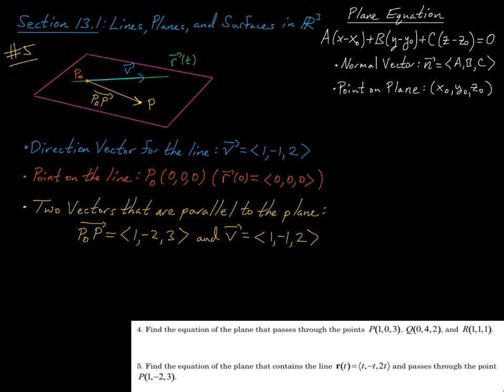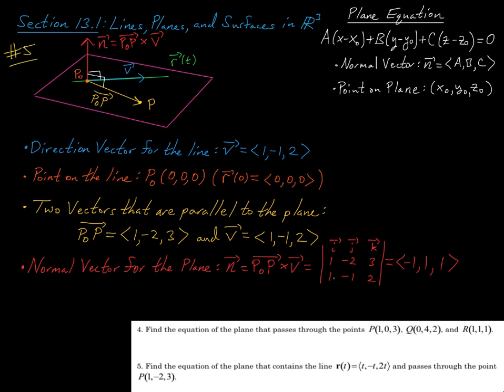Since P0 and P both lie in this plane, the vector P0P will be parallel to this plane. And now I have 2 vectors that are parallel to our plane. So just like in question 4, I'm now going to go ahead and take their cross product, and that's going to give me a vector normal to this plane.